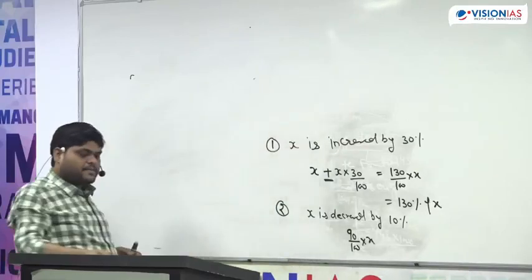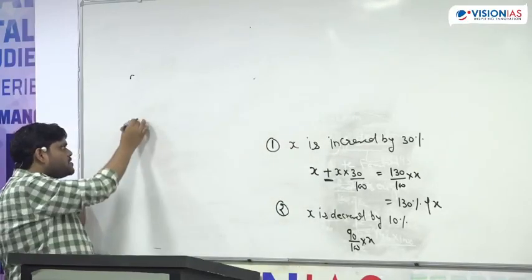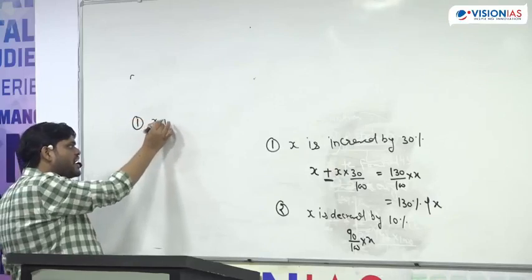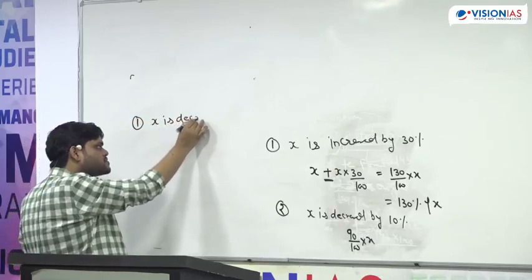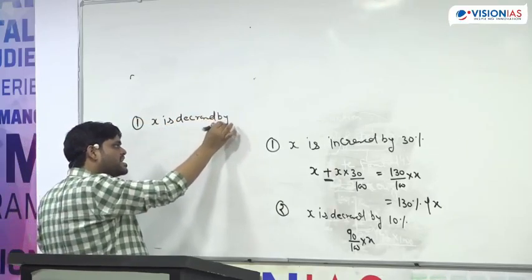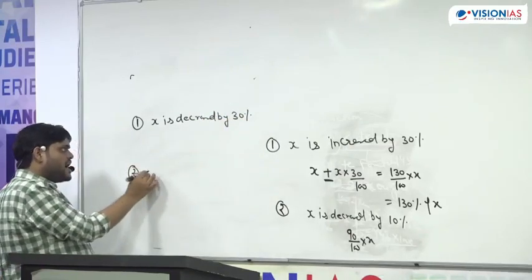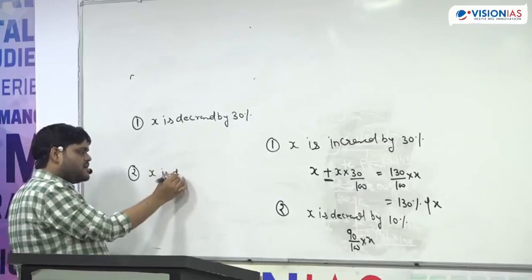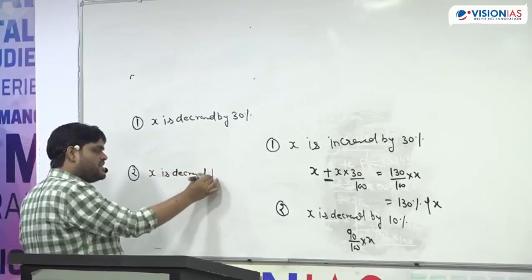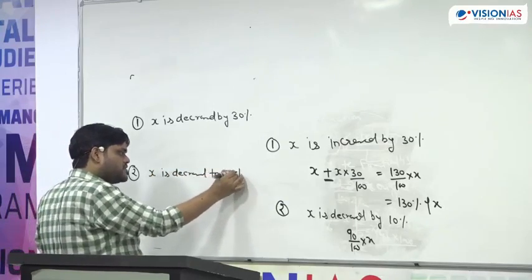The first statement is x is decreased by 30%, and the second statement is x is decreased to 30%.